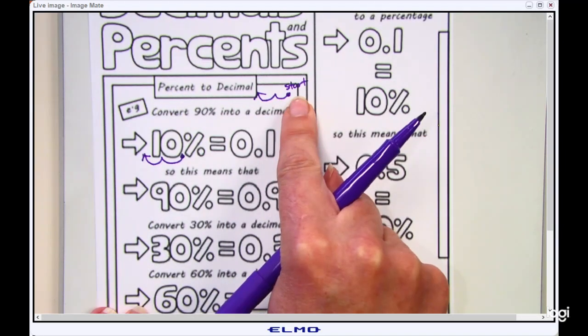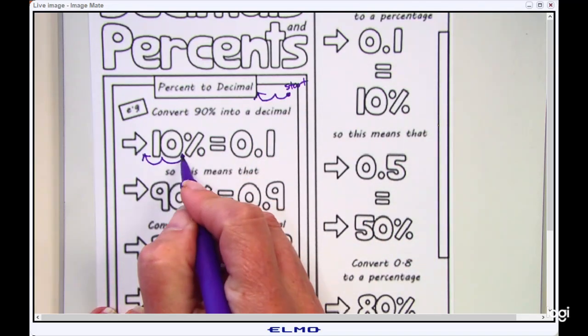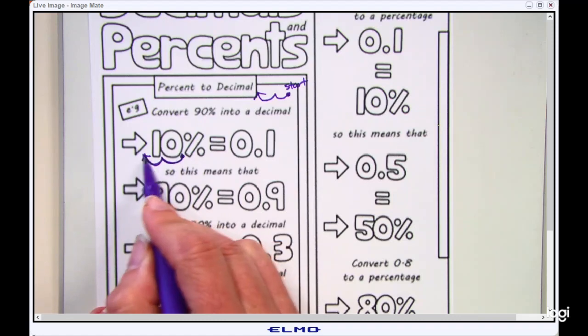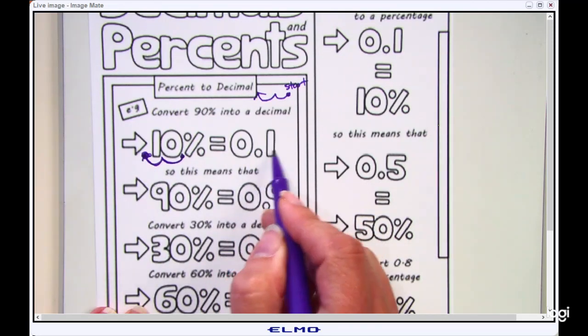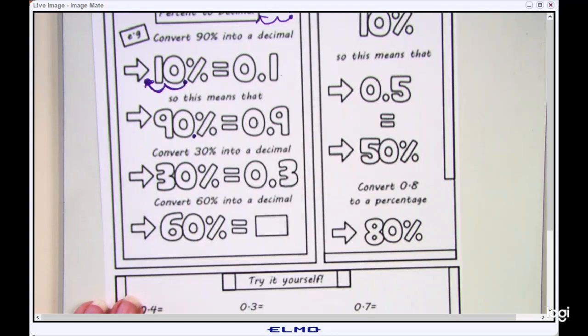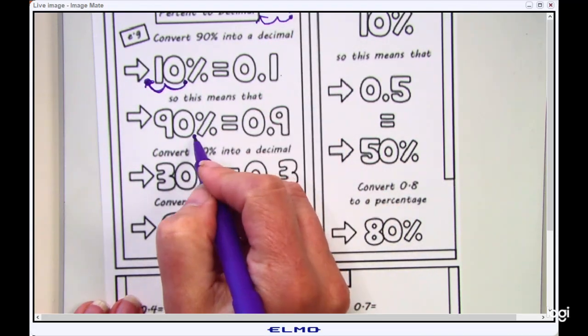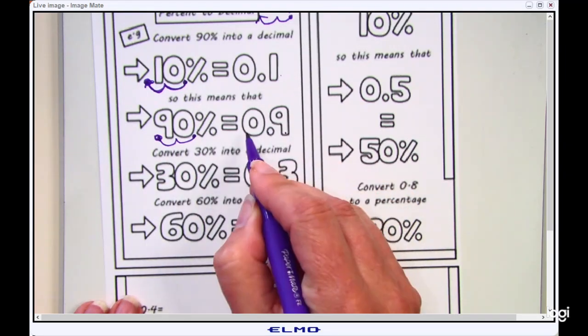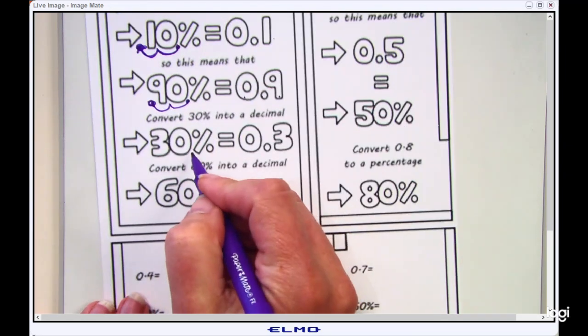Percent to decimal. We start here and we're going to bounce to the left. So 1, 2, and here's the decimal, 0.1. Put your 0 in front. Start with the decimal at the end. How many times am I going to bounce? 1, 2. So 0.9, put your 0 in front.